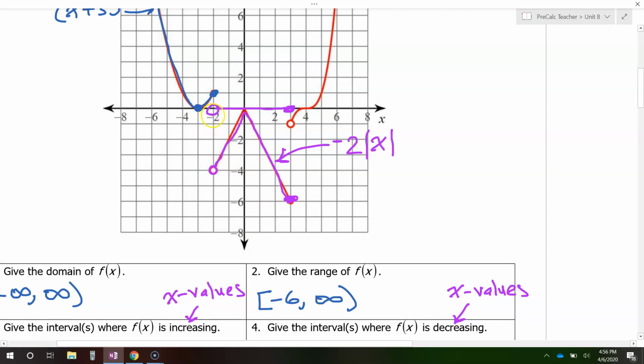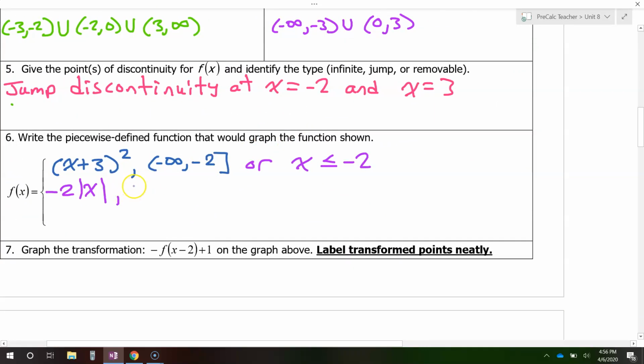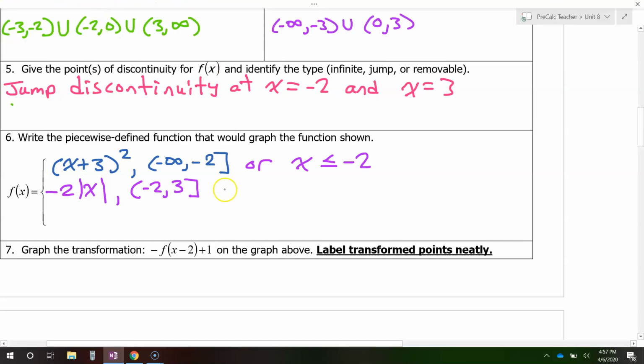So I'm going to need parentheses and a bracket. Okay, awesome. So maybe I'll just switch this up.